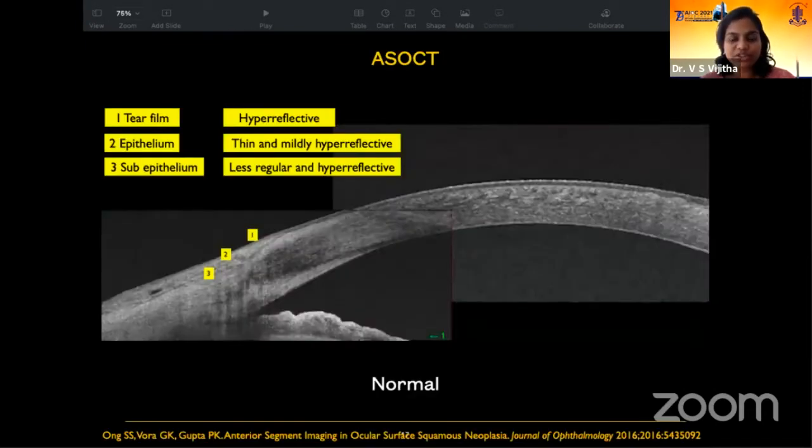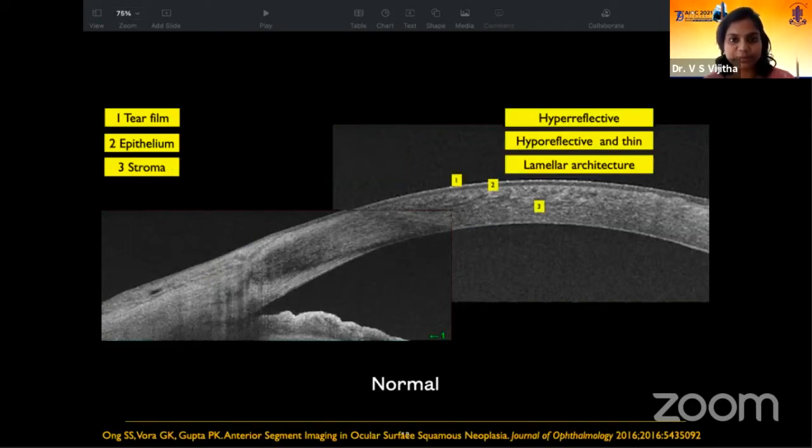Let's move to the ASOCT, which is the most commonly employed imaging modality for diagnosis of OSSN. This is a scan of the normal ocular surface, and towards the left is the conjunctival epithelium covered by a layer of tear film. The tear film is hyperreflective and thin, followed by a mildly hyperreflective conjunctival epithelium, and then the subepithelial layers.